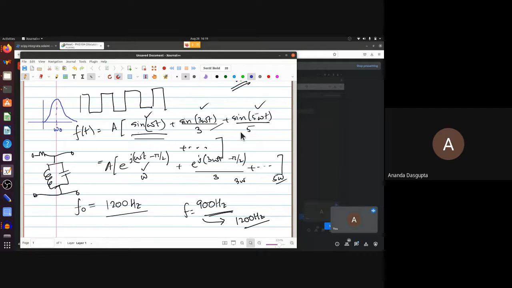Here I'm decreasing the frequency. If you keep on increasing the frequency, the output will keep on going down forever. But if you keep on decreasing the frequency from 1200 hertz, each time one of the odd harmonics has a frequency of 1200 hertz, you are going to get a peak.